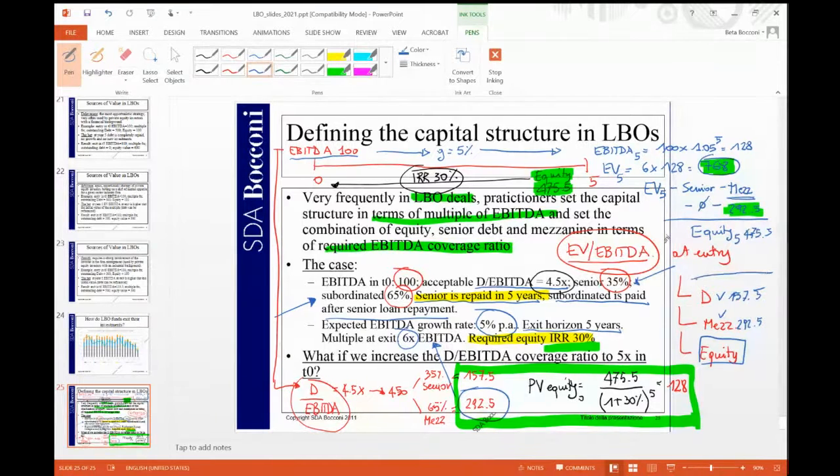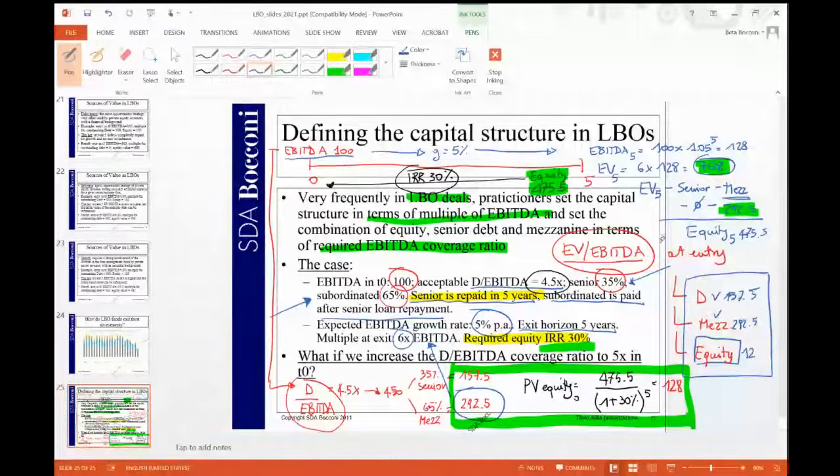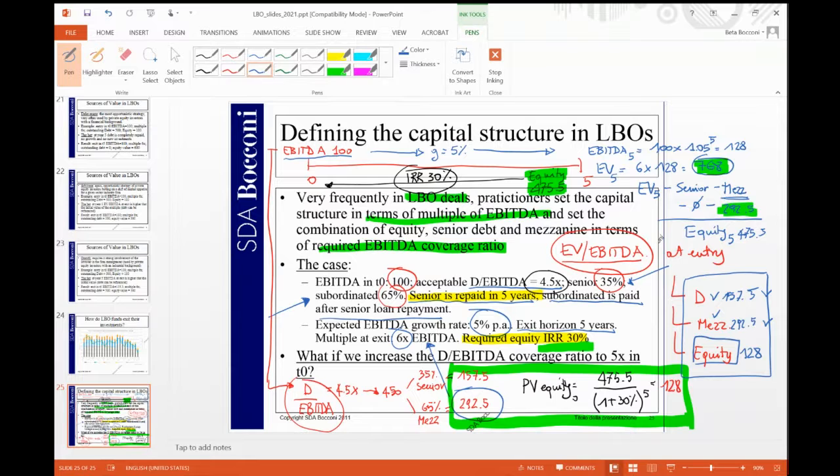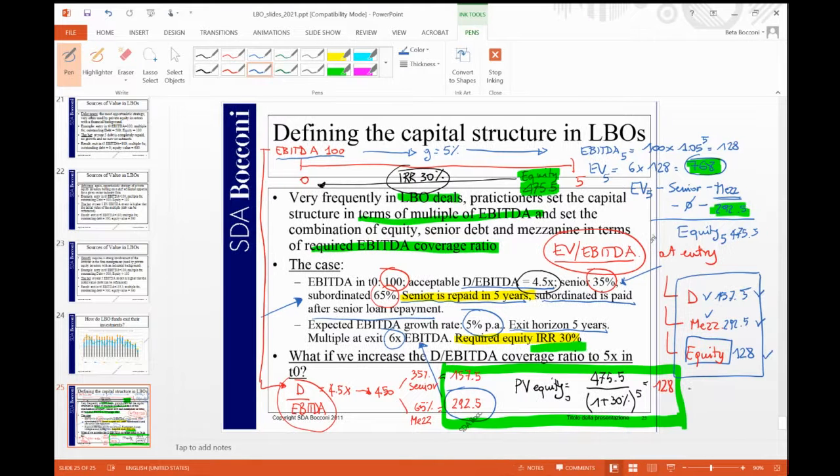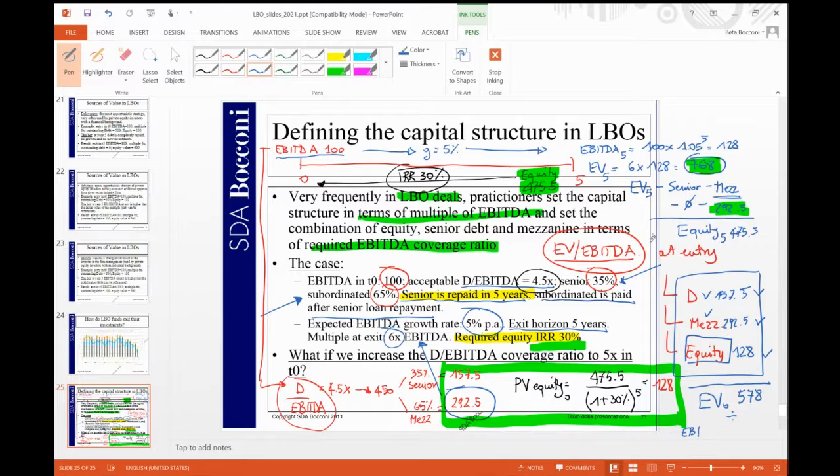So our third layer of the capital structure will be 128 equity. All in all, we have 157.5 senior debt, 292.5 MES, 128 equity. We end up with an enterprise value at T0 of 578, which divided by an EBITDA at 0 of 100.